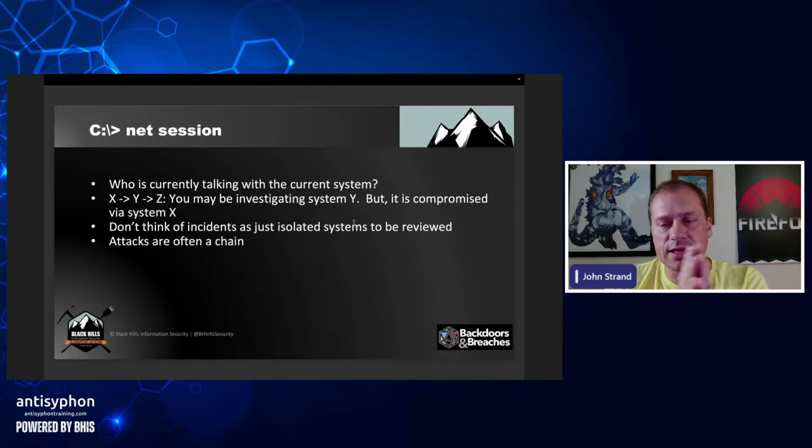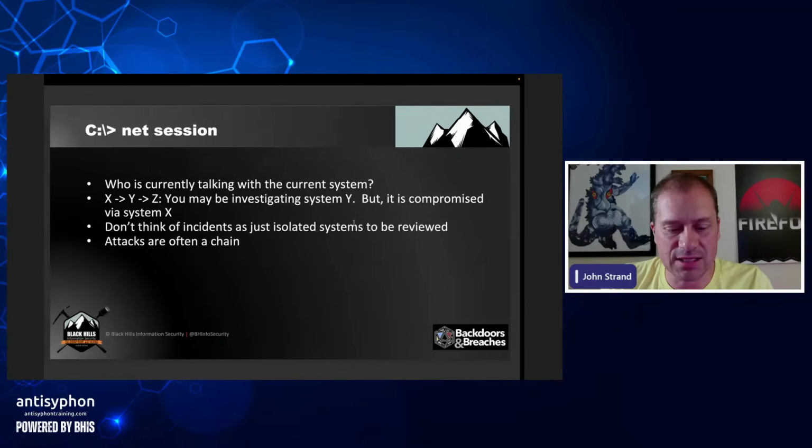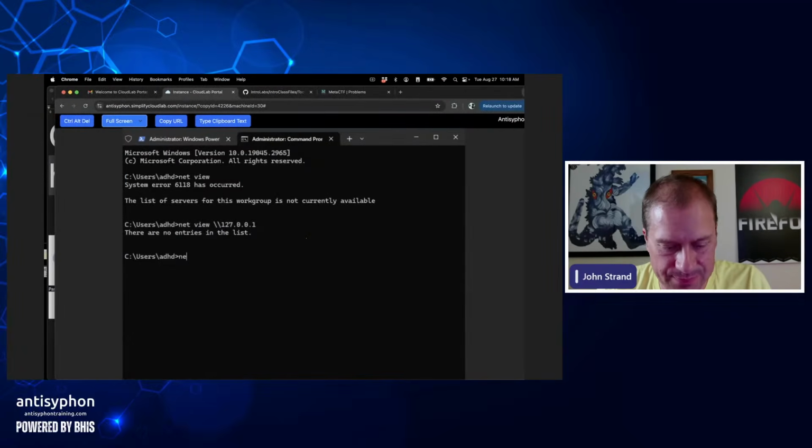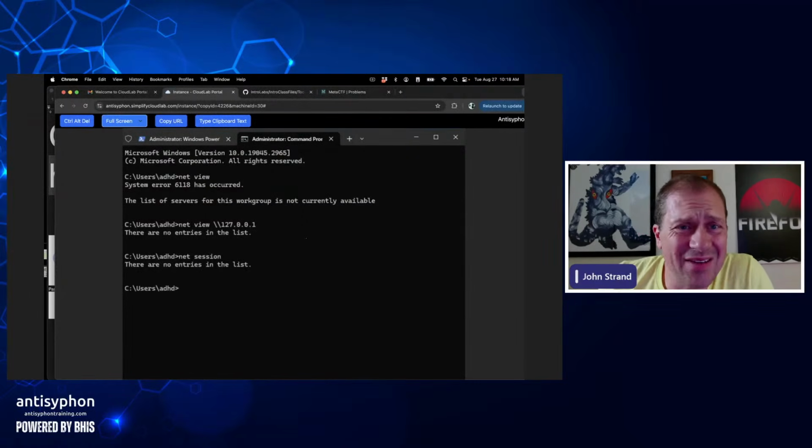So if we're doing this analysis, we have to find a way to say who has sessions open with my existing computer, active sessions, not a share. They're logged into my local computer. And who is my computer logged in to? Running net session says who is currently talking with the current computer system. Going back to my computer here, if I do net session, I have no entries on this list because I haven't hacked it yet.